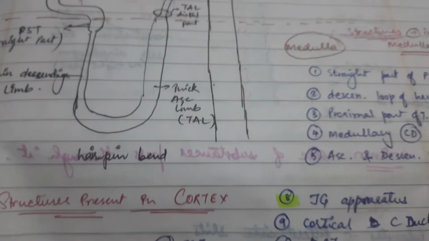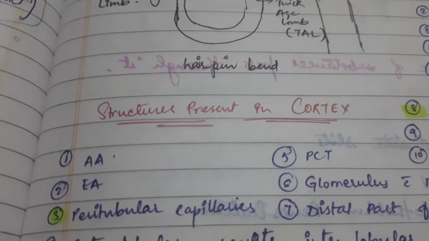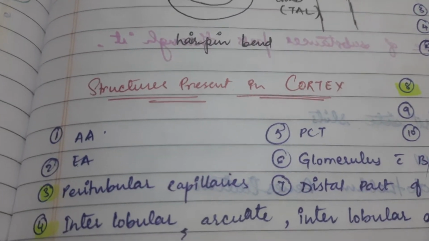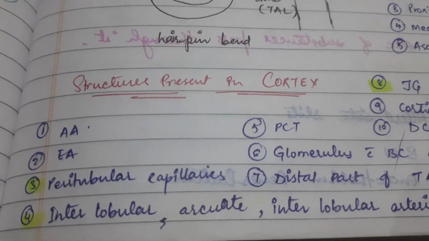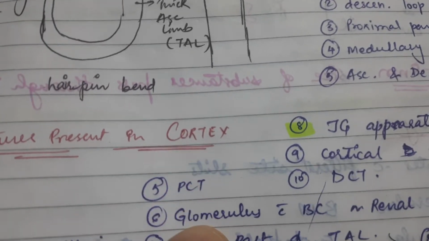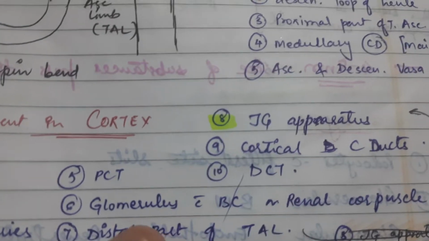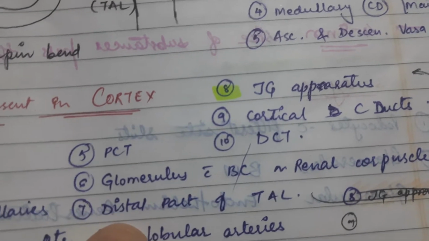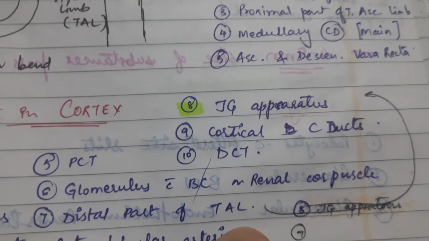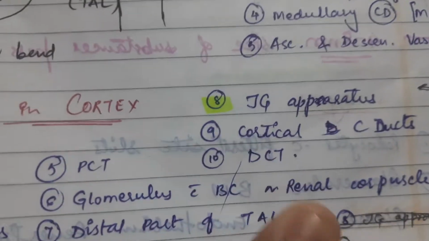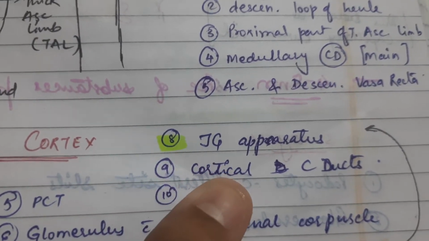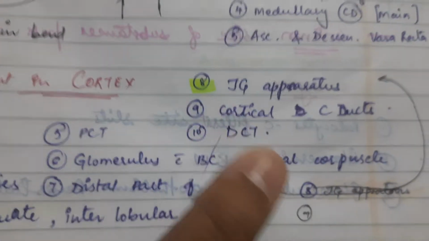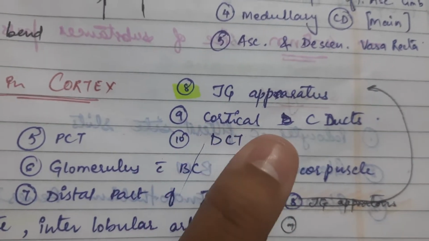Okay, now the structures present in the cortex: efferent arteriole, peritubular capillaries, arcuate, interlobular arteries, PCT, glomerulus with Bowman's capsule, which is combinedly called the renal corpuscle, and distal part of TAL, thick ascending loop of Henle, distal part, and juxtaglomerular apparatus, cortical collecting ducts, and DCT.